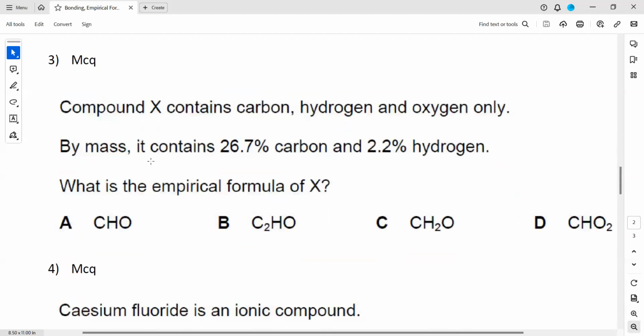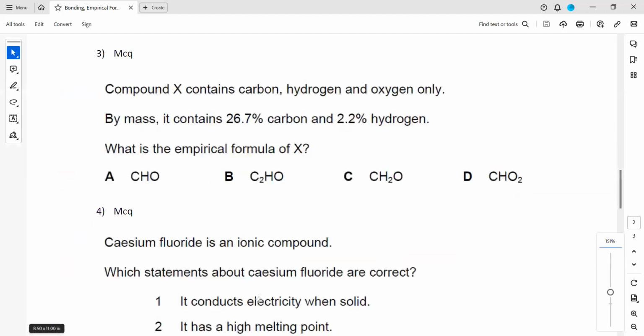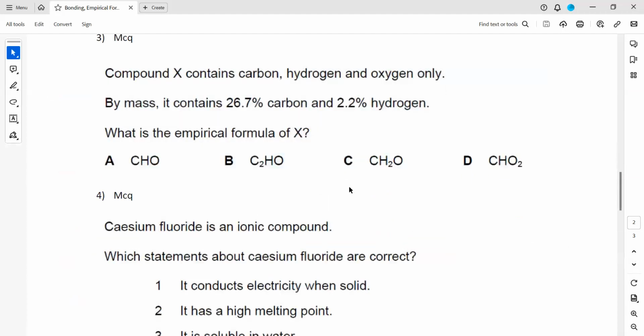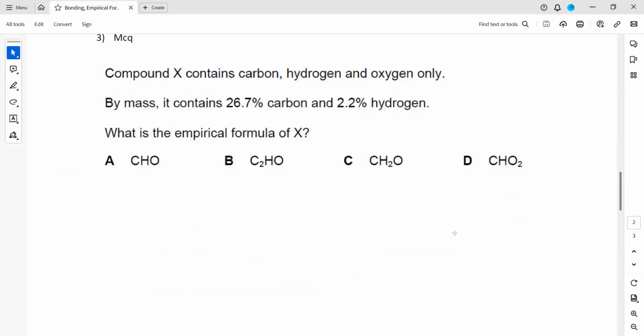Compound X contains carbon, hydrogen, and oxygen only. What is the empirical formula of the compound? How to work out the empirical formula? You have to follow the steps. First, you divide by atomic mass. We have carbon, hydrogen, and oxygen.